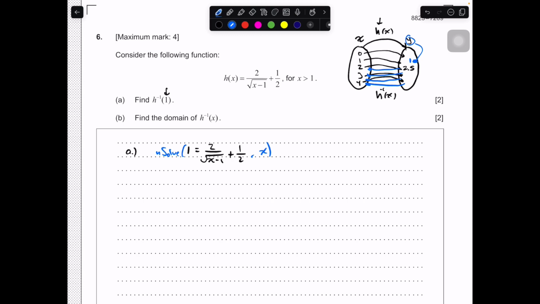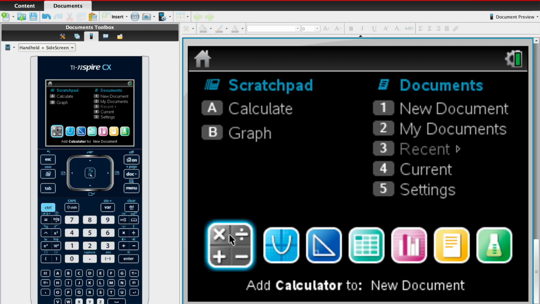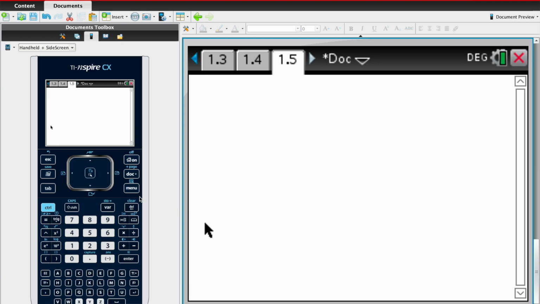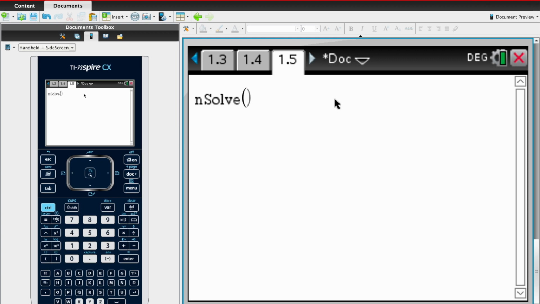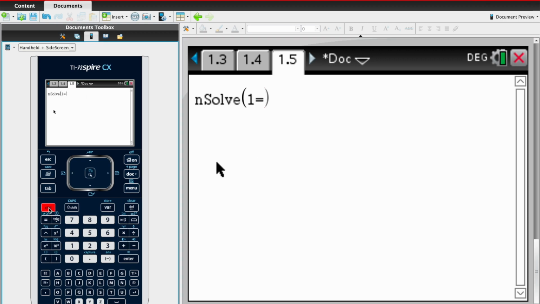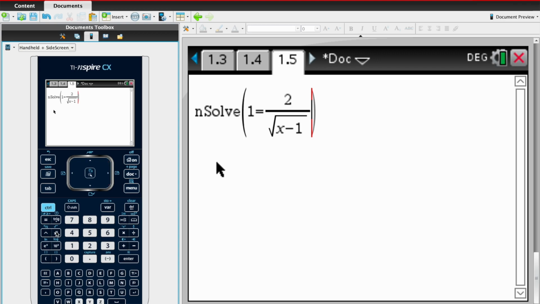So looking back to the calculator screen, here we go. Menu, algebra, numerical solve. 1 is equal to, pretty intimidating question, or at least looks kind of like it. x minus 1 plus, we can write 0.5 or just leave it as a fraction, 1 over 2, and then ask our calculator to solve for x.